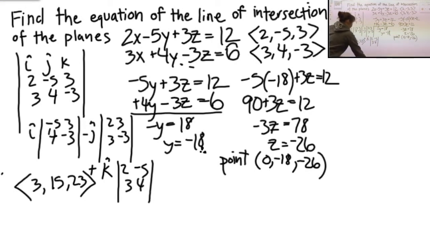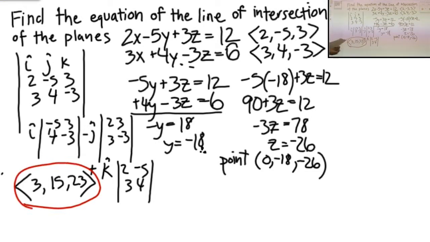So this right here is the direction vector for our line. So all we have to do now is combine them to get our final answer.